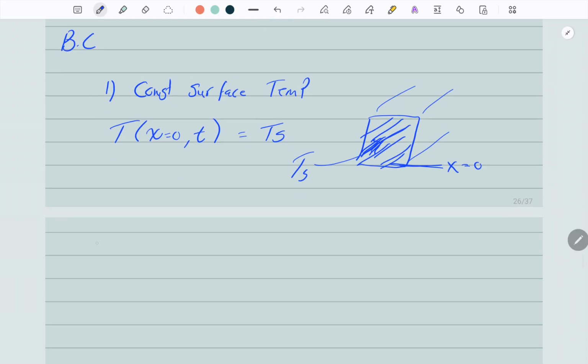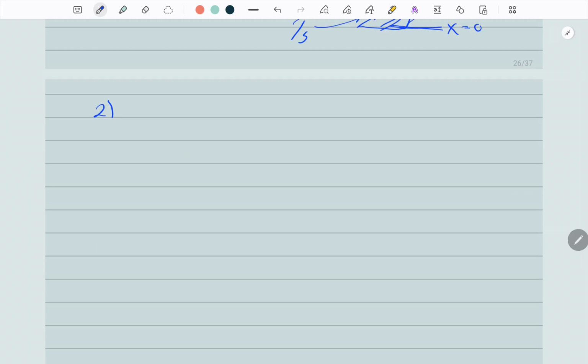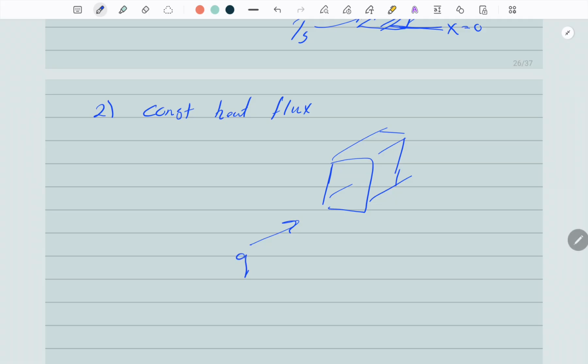Second boundary condition is constant heat flux, meaning if we have a solid and a heater is facing that solid, being targeted to that solid, the heat flux is constant throughout the solid, therefore the heat hitting the surface will equal the conduction flowing into the solid.